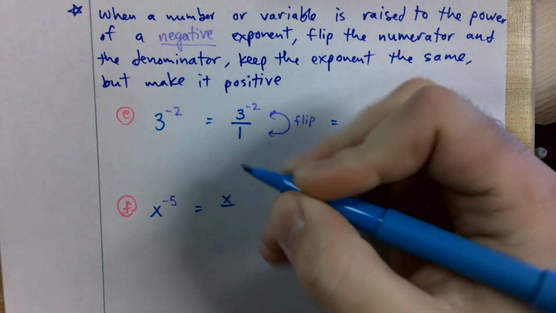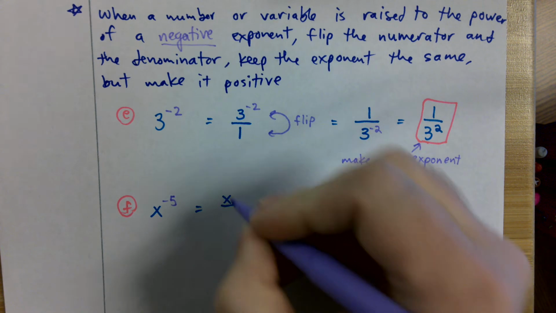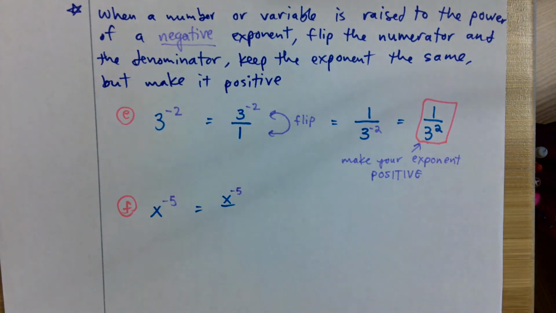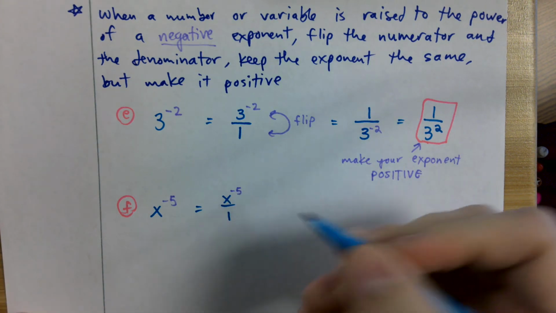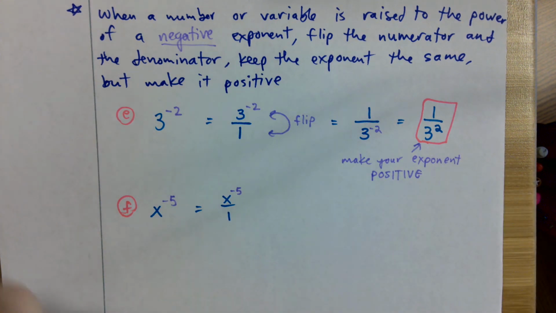X over, what's our denominator going to be? 1. It's always going to be 1 if our number is a whole number. We'll take a look at using a fraction next. We'll put x to the negative fifth power over 1.